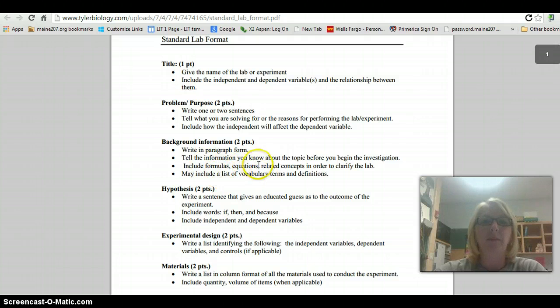You're going to be writing in paragraph form for the background. This is a little bit tricky. This is any of the things that I should know about your lab before I start reading it.